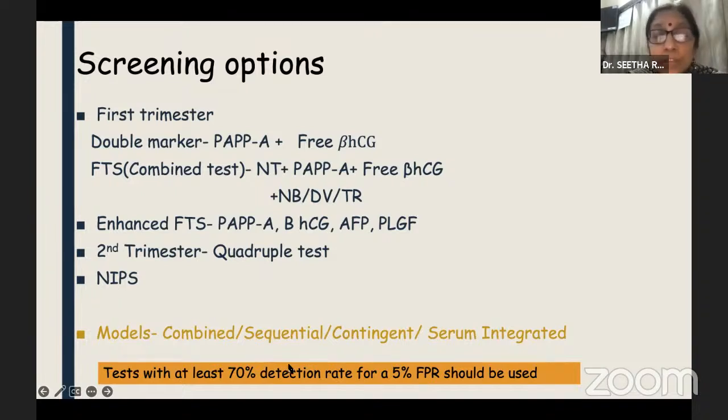We no longer use the triple test because that has a less than 70% detection rate, and all of them have been standardized to have a 5% false positive rate, and that is where we have put a cutoff of 1 in 250, because if you reduce the cutoff, it might increase the false positive rate. So that is why, as a trade-off, they have put 1 in 250 for most of these screening markers.